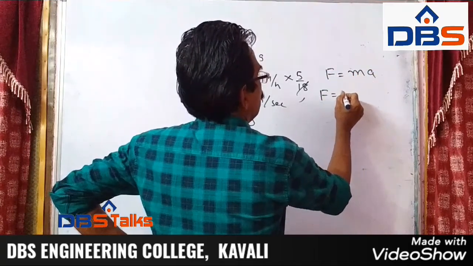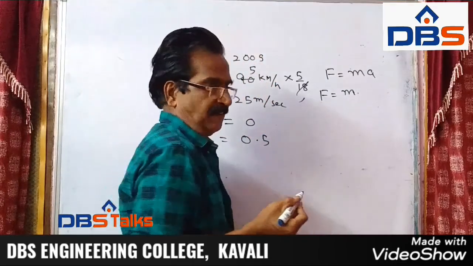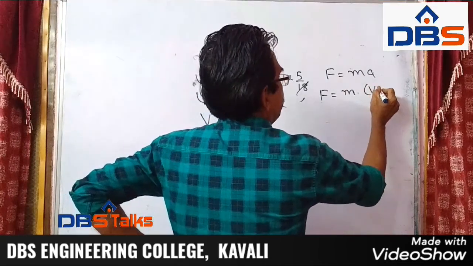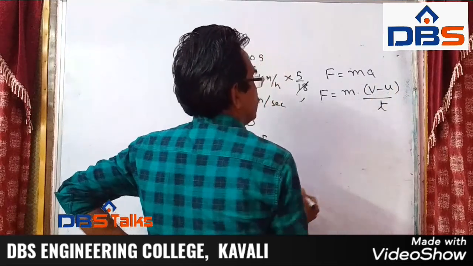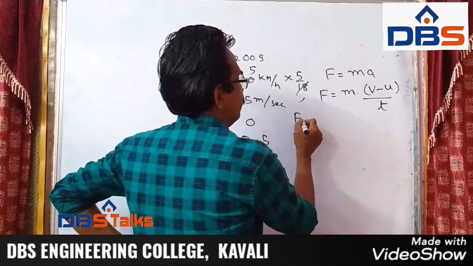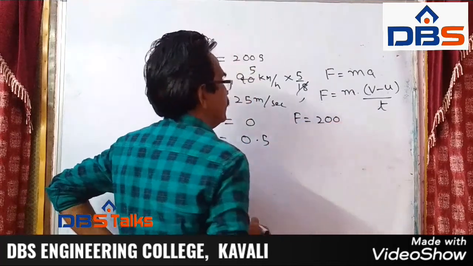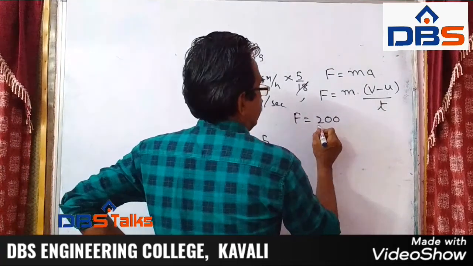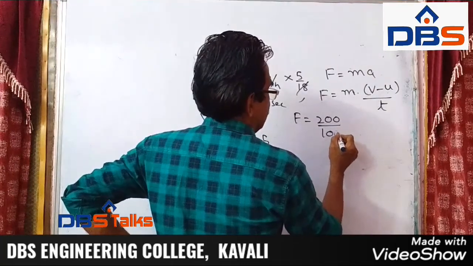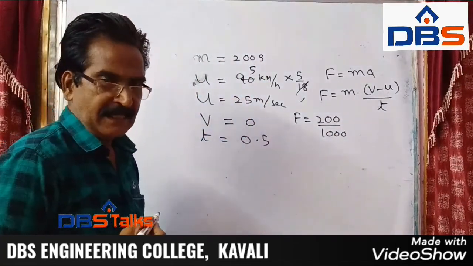or F is equal to m into acceleration, that is change of velocity, v minus u by t, in how many seconds? t seconds. So F is equal to m, 200 grams, means 200 by 1000 kg.